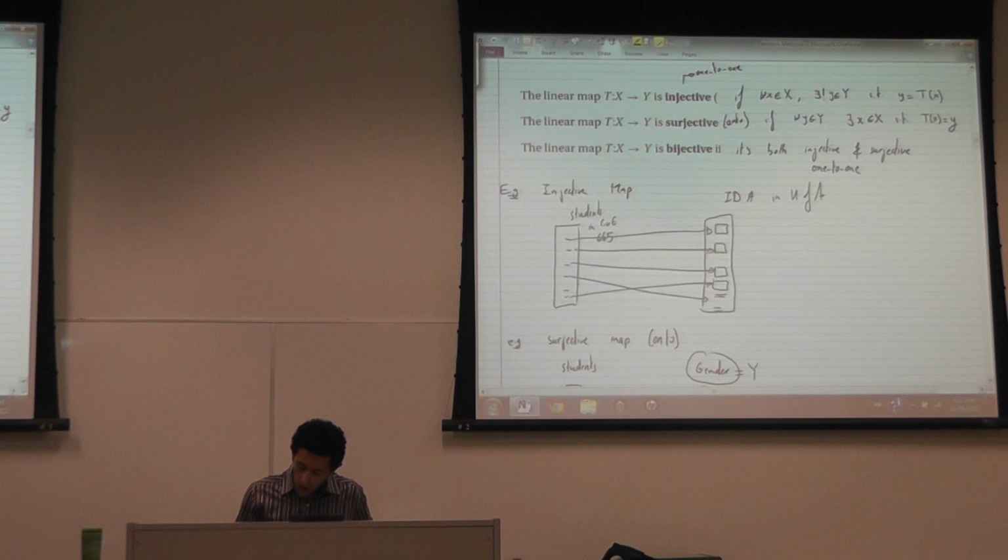One-to-one and onto. A function is invertible if it's both one-to-one and onto.